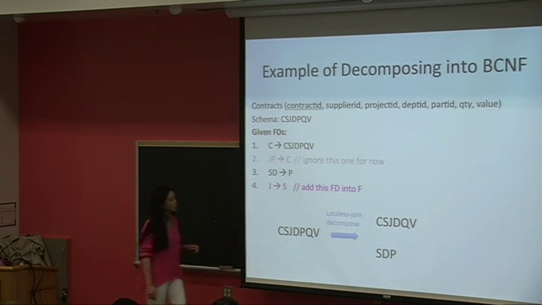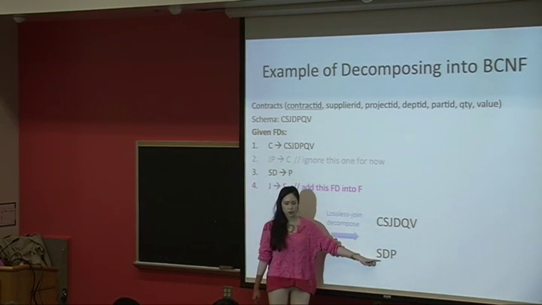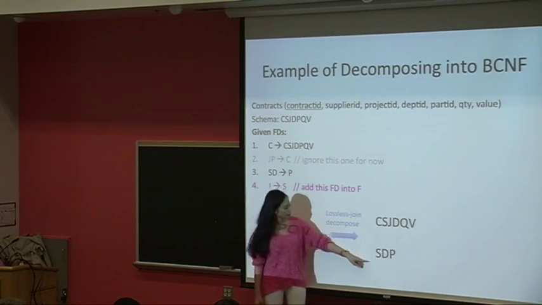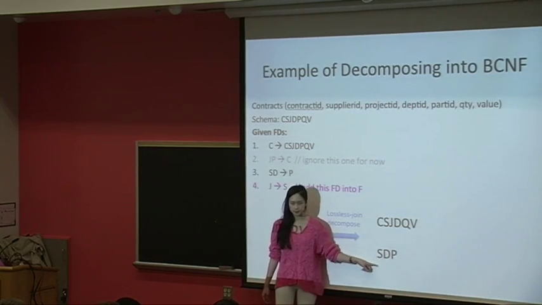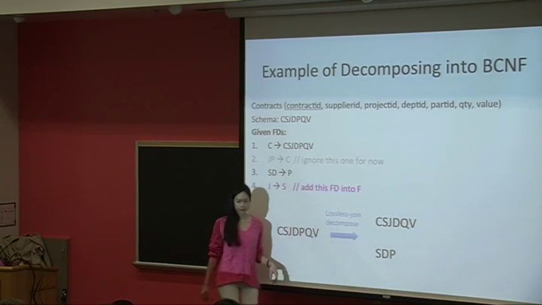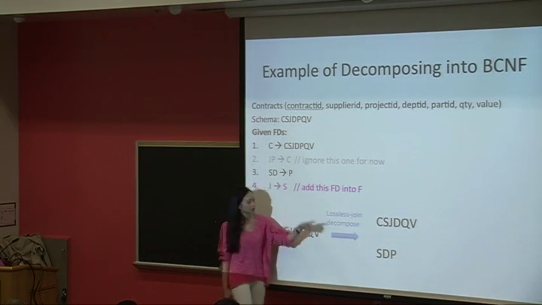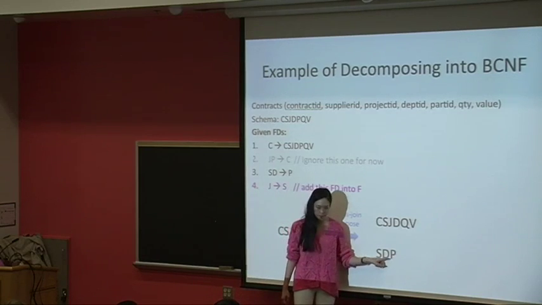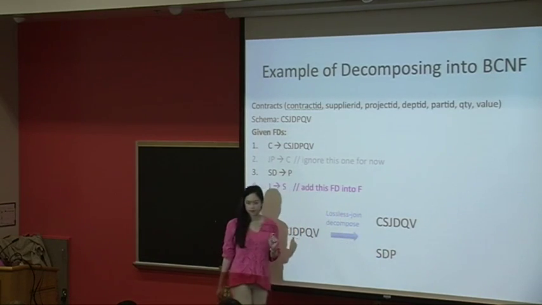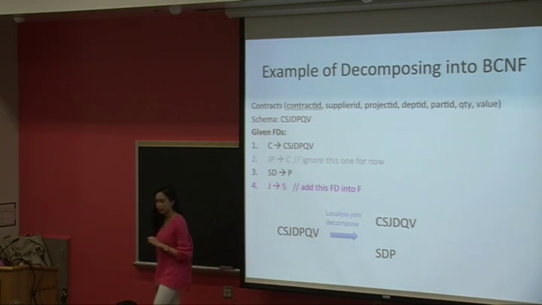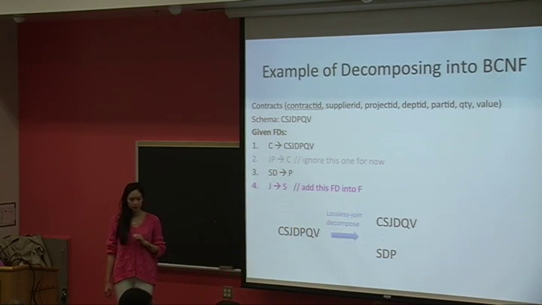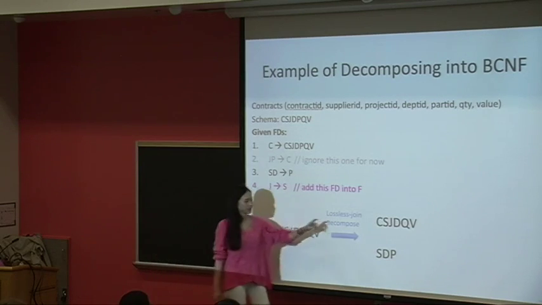Do you think this one is in Boyce-Codd normal form if we put SD as the key for this relation? Do you think it will be Boyce-Codd normal form? It carries the functional dependency of SD determining P. If you recall the rules for Boyce-Codd normal form. It is? How about this one?